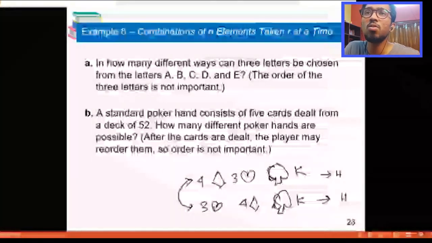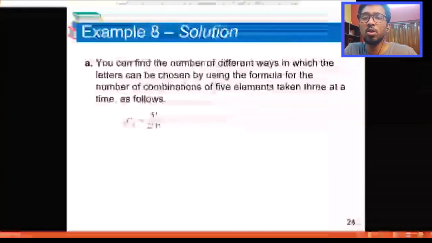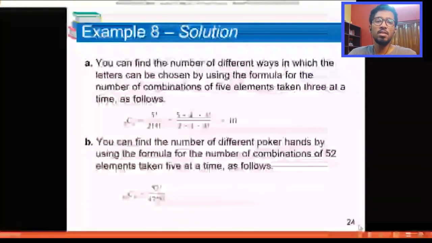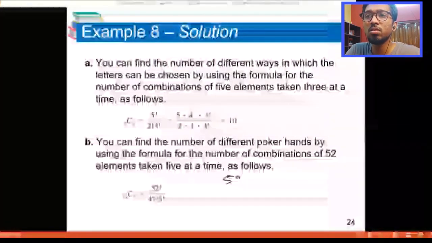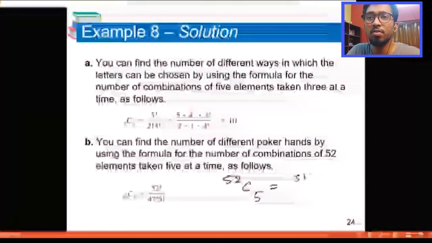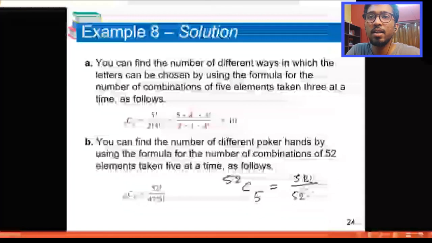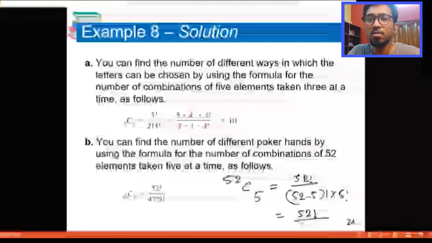So we have a total of 52 cards, and from these 52 cards we have to select 5 cards. So my answer will be 52C5. Using the formula once again, that will be 52 factorial divided by 52 minus 5 factorial into 5 factorial, which is 52 factorial divided by 47 factorial into 5 factorial.